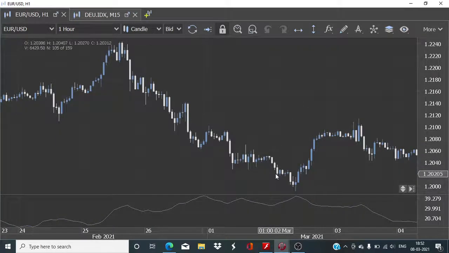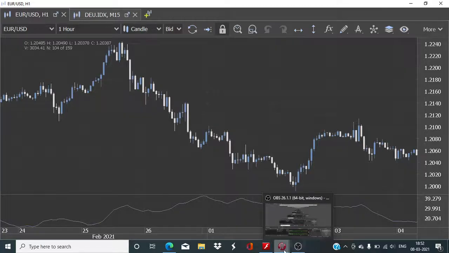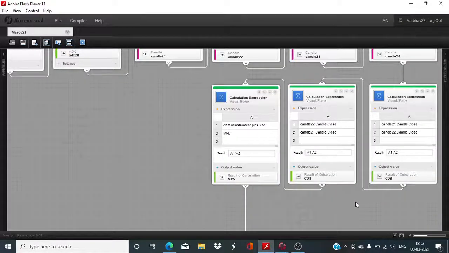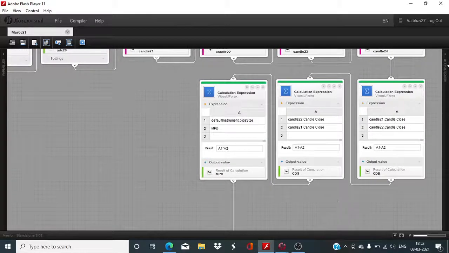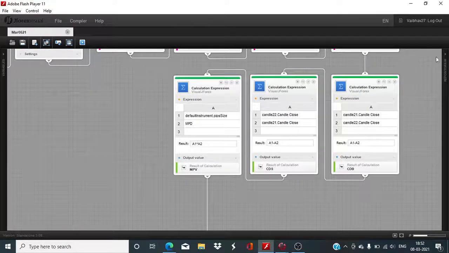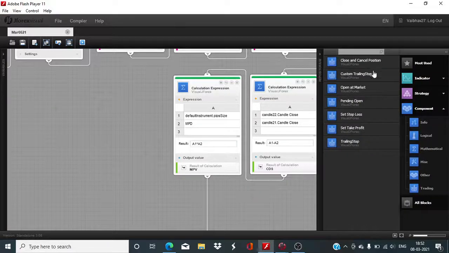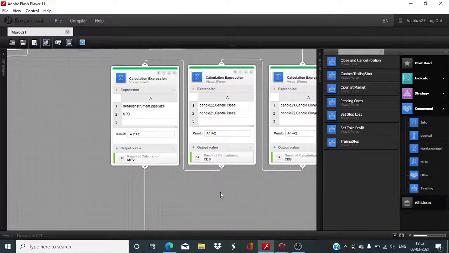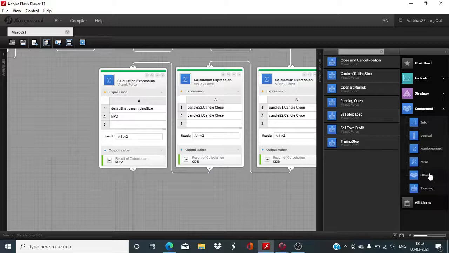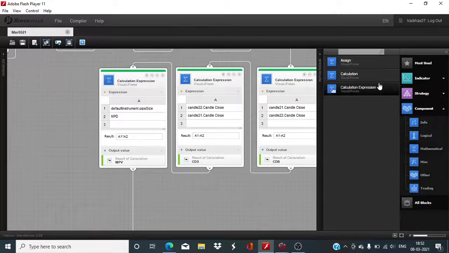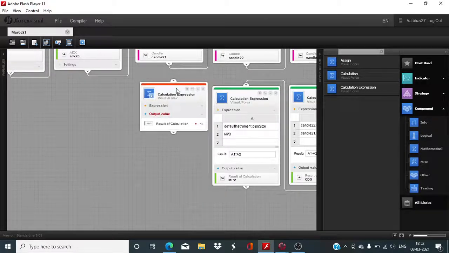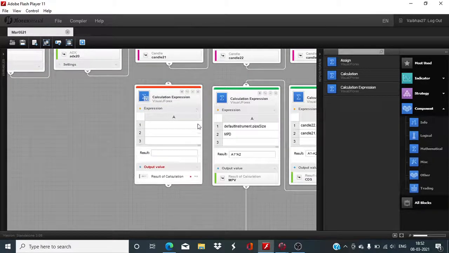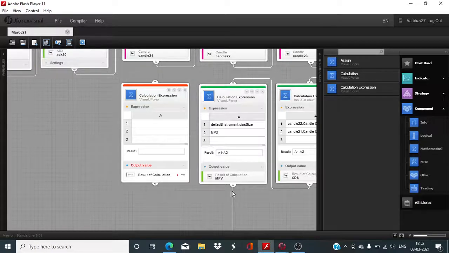For that, we have to create a new variable now. We have already taken into account the actual price difference. Now all we have to do is find its 40%, and for that I will have to take a calculation expression one more time, and as I had said, we will have to disconnect it now.